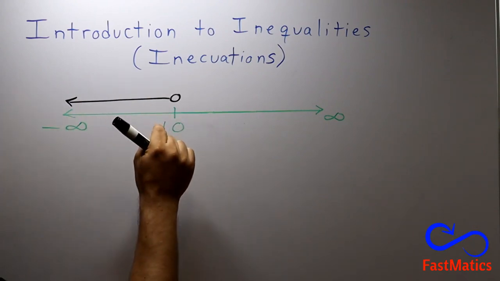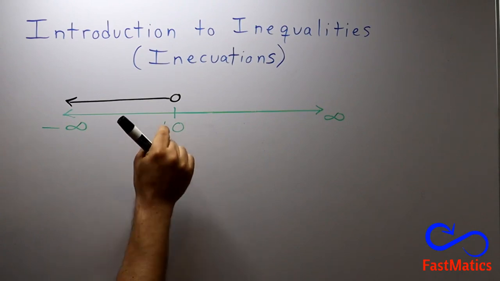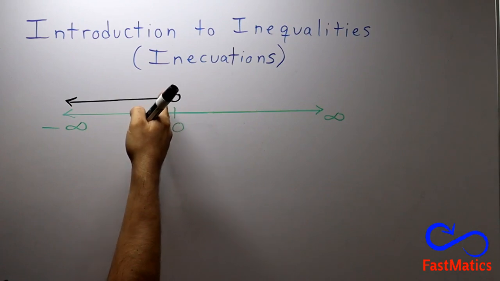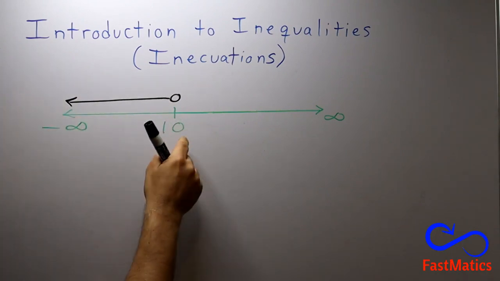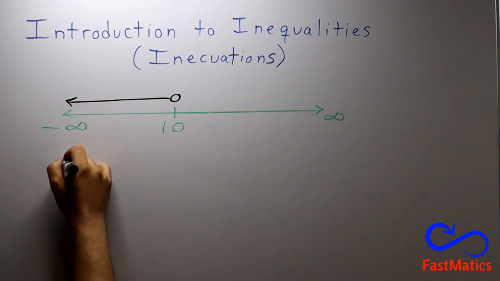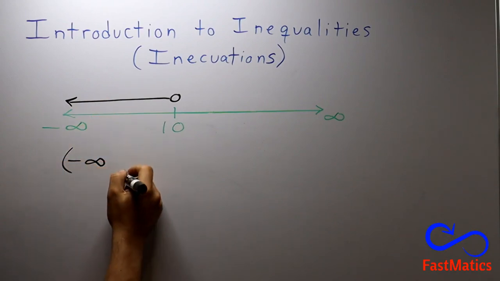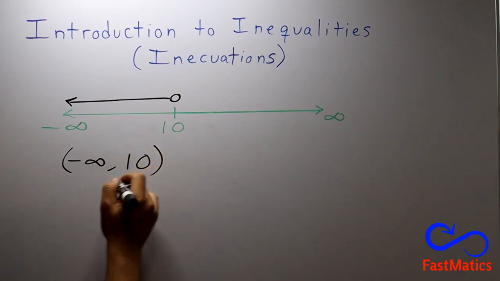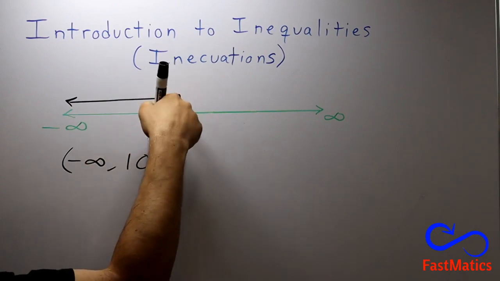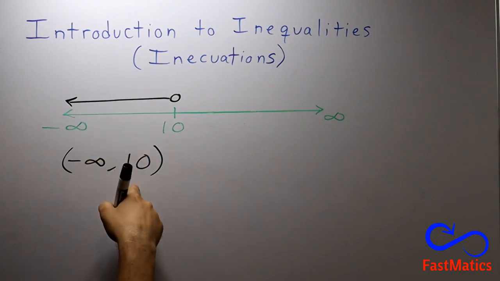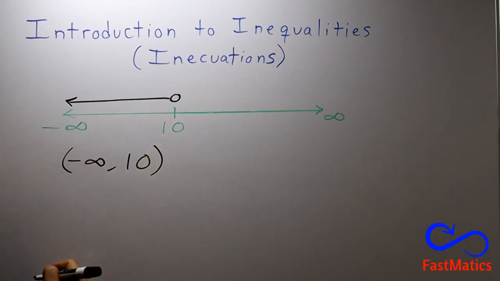So the kilometer 10 is not included in the answer. But all the numbers before the kilometer 10, yes. So you can represent that also as -infinity to 10. But if you have an open circle here, that means that the 10 is not included in the answer. So you are going to write a parenthesis.